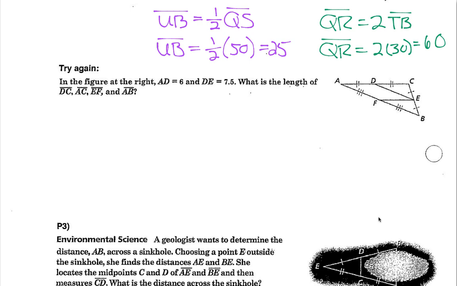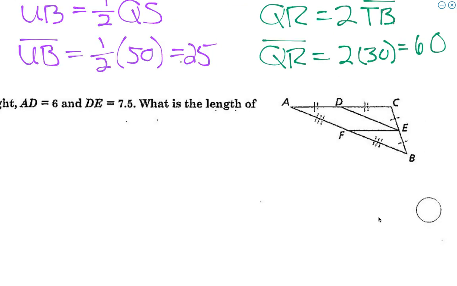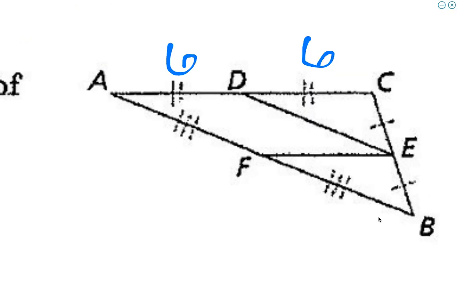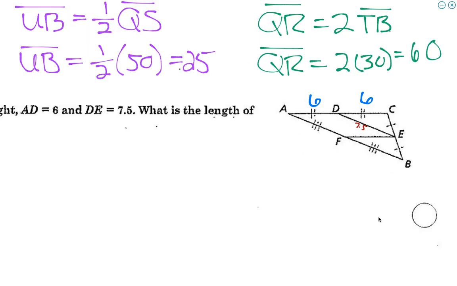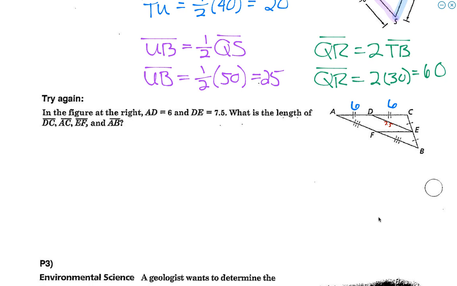This time they give you a little bit more information in the givens written rather than in the diagram. So make sure you transfer that over. AD is 6. That means that DC is 6. DE is 7.5. What is the length of DC, AC, and EF? Well, we already know DC.